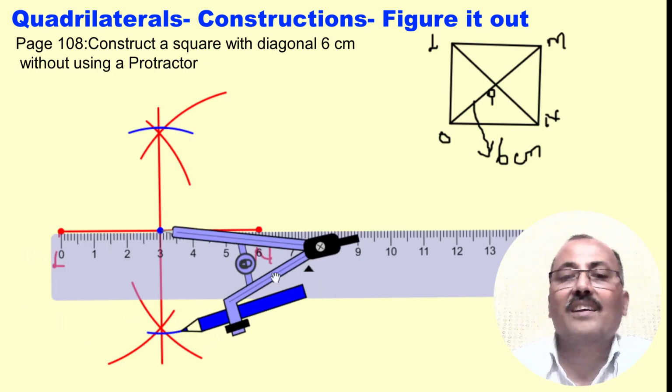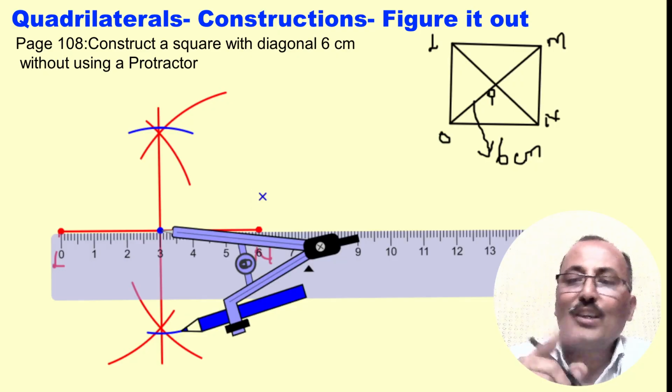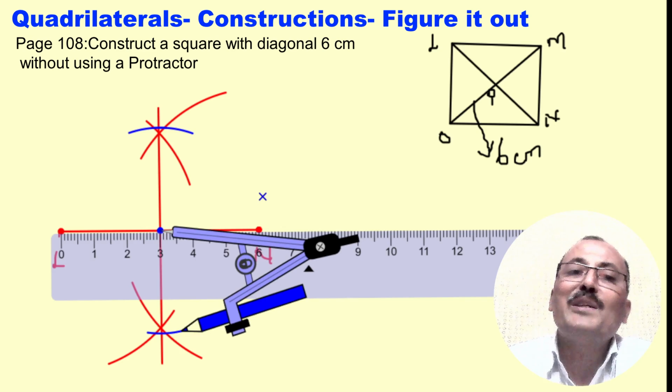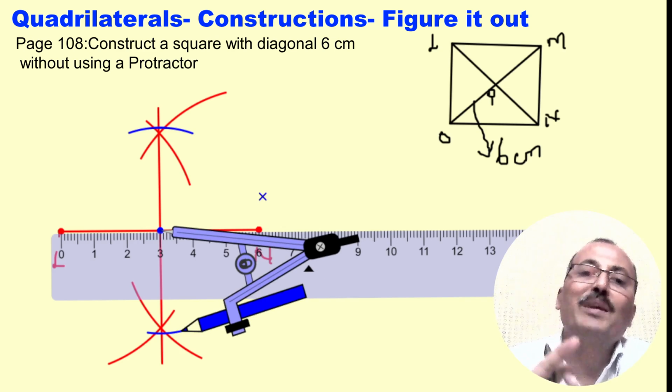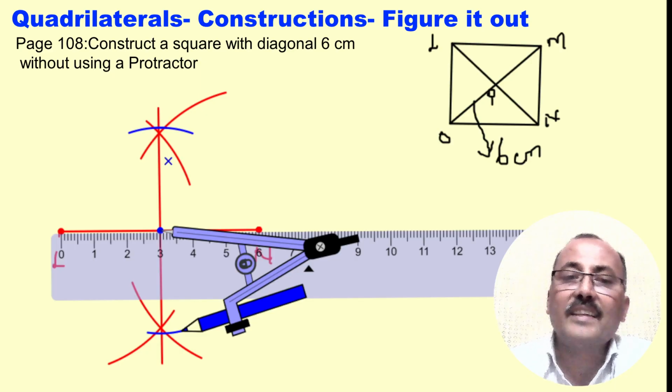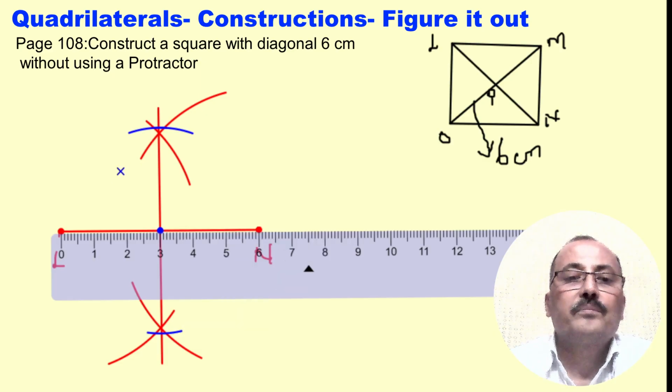I changed the color because it won't be visible. Too many arcs are coming in the same place. You also be careful while taking the arc. You can maximize or minimize it, then you can show that arc individually. Here you can't. This arc you could have shown differently. This arc is only 3 centimeter. Now join those points.